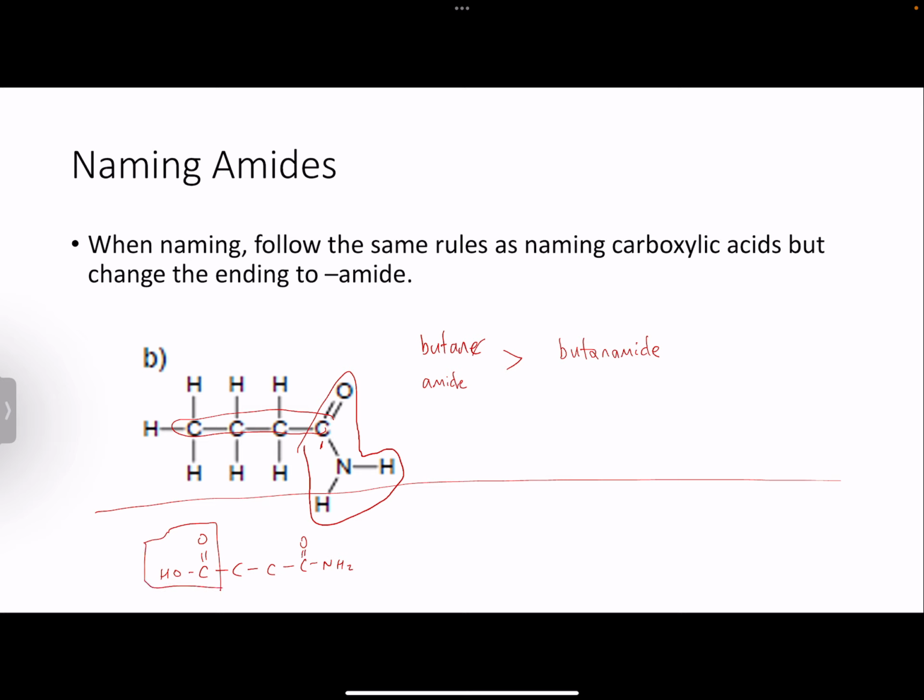So in this case, this is carbon number 4. And we've got nothing on the nitrogen there. Oops, sorry, we're going to put this in here. It's going to be butane 4 amide, we're going to drop the E from there, oic acid. Sorry for the pause in between there.